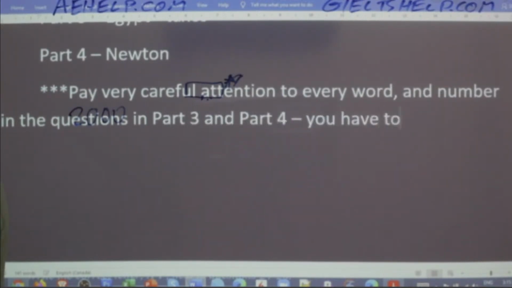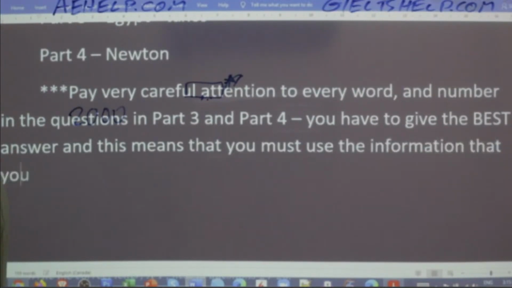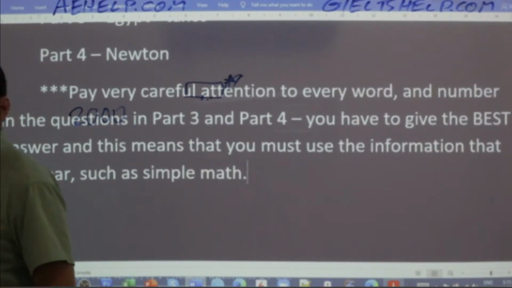You have to give the best answer, and this means that you must use the information that you hear, such as simple math. Okay, so pay attention to that.